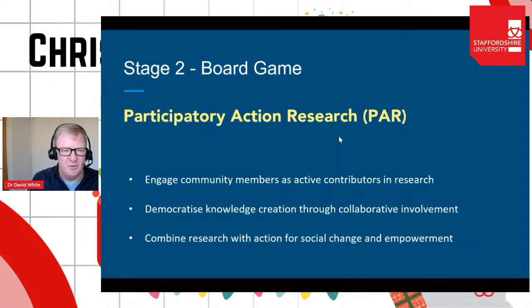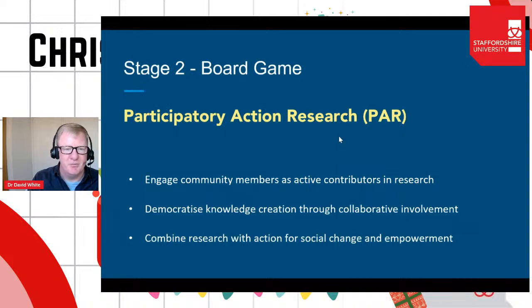We followed a model called participatory action research, or PAR. PAR is about engaging the community as active contributors to your research. It's basically saying, these are the people this research is going to affect most, not us scientists or computer game developers.